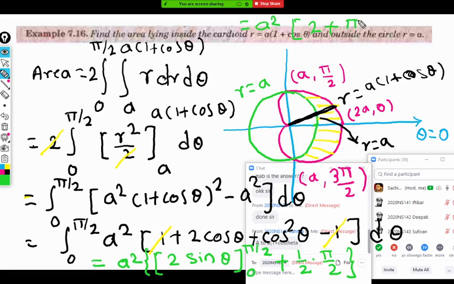So this is the final answer: a square in bracket (pi by 4 plus 2), or a square by 4 times (pi plus 8), if you take 4 as common. So that is the area between the circle and cardioid: a square by 4 into (pi plus 8) square units.